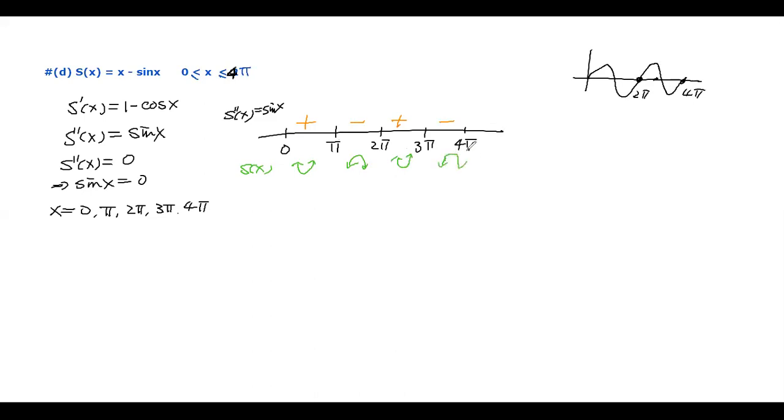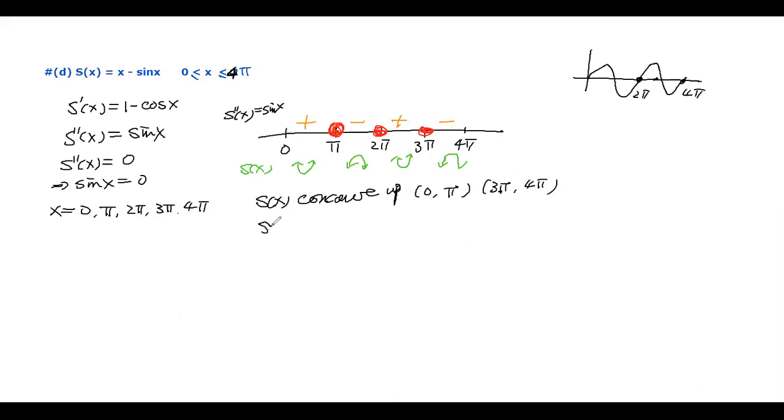Very good. And then I have this one, which is my inflection point because of the concavity change. This one will be my inflection point, and this one will be my inflection point too, right? Okay, so now let's write it. I know s of x is concave up from 0 to pi, and 3 pi to 4 pi, right?